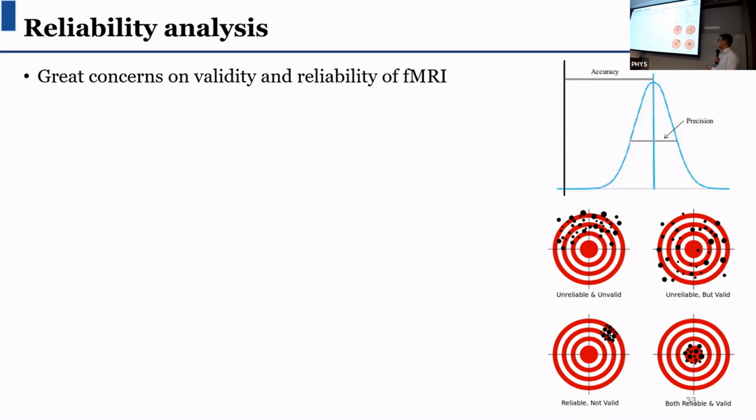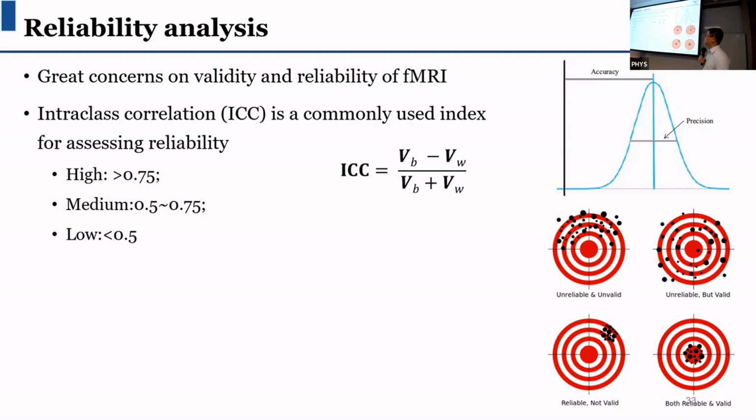We always expect our results to be both reliable and valid. But in functional MRI, most of the time we have no idea about our true effects. We can only expect our experiment to be reliable.